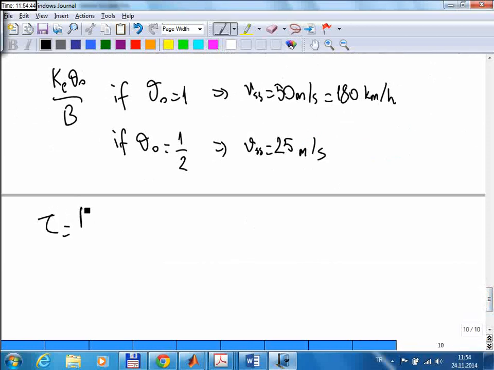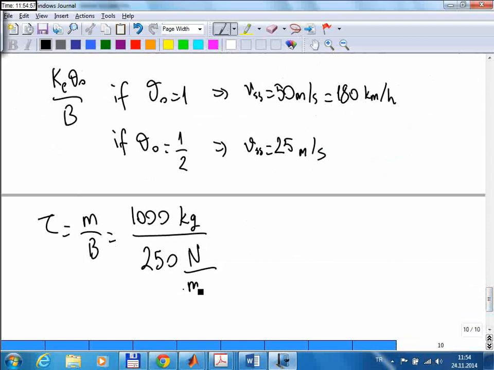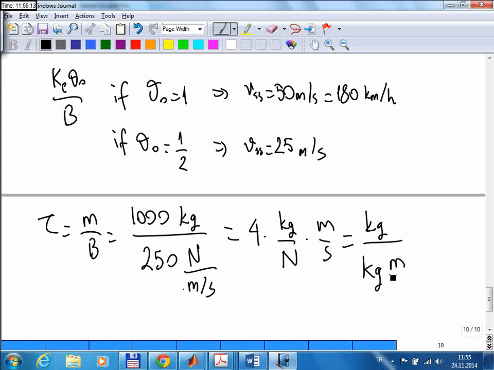This was defined as mass of the car divided by b, but mass is chosen as 1000 kilograms, and b is 250 newtons per meter per second. But a newton is equal to kilograms times meter per second squared.